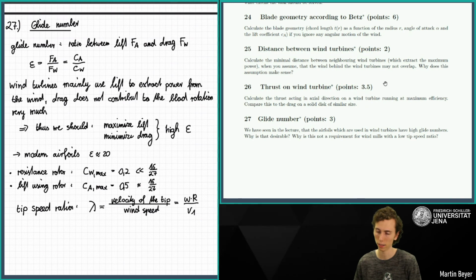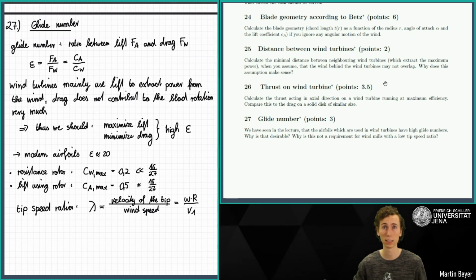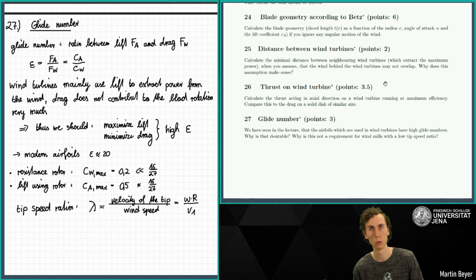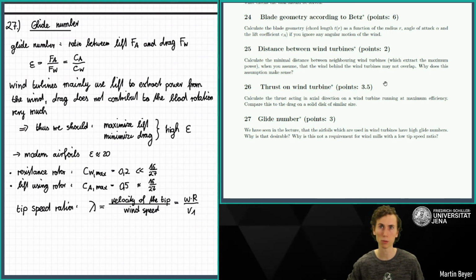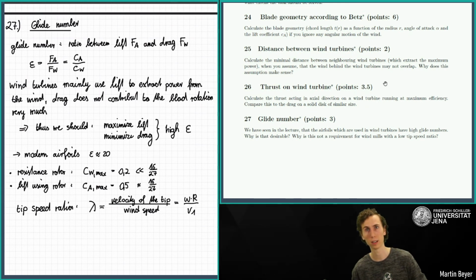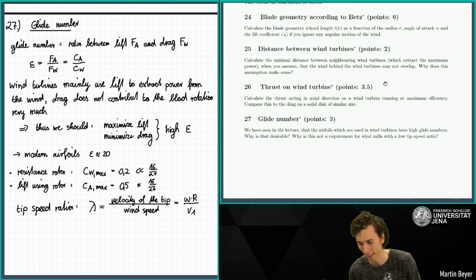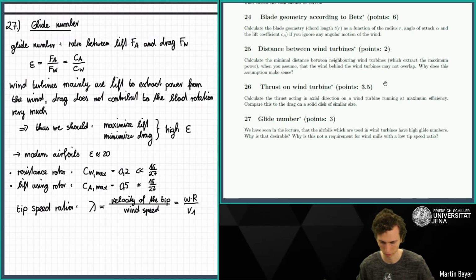Okay, and for example, classical wind turbines like a Western mill are slow running wind turbines. Because they are slow running, their tip speed is not very high, and therefore the tip speed ratio is very low.